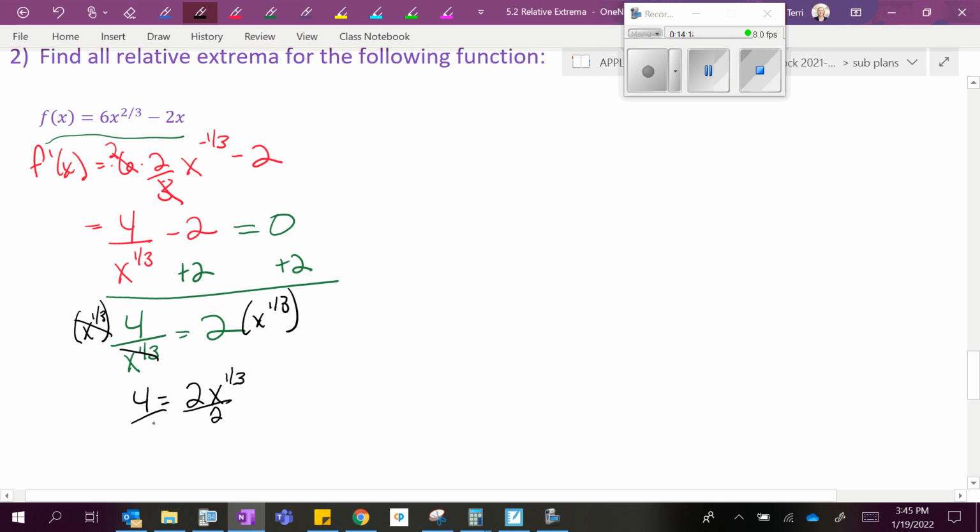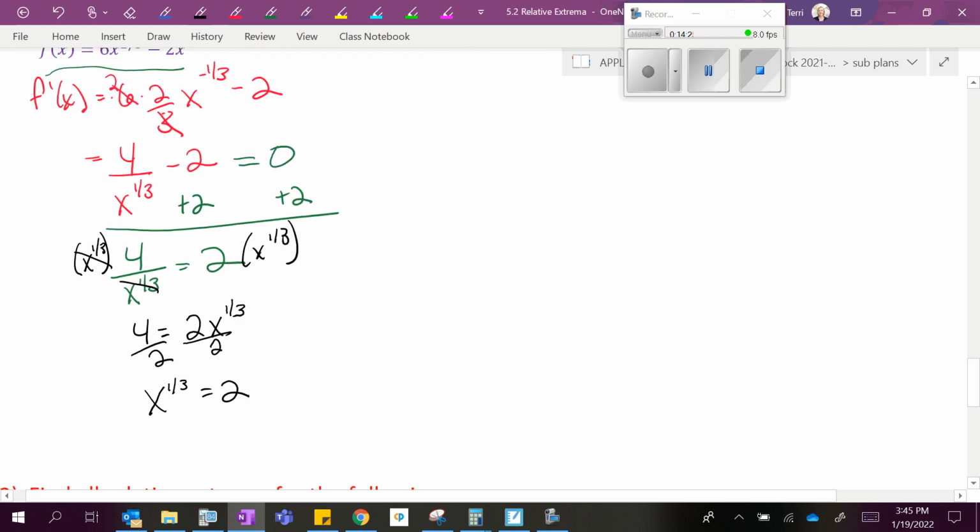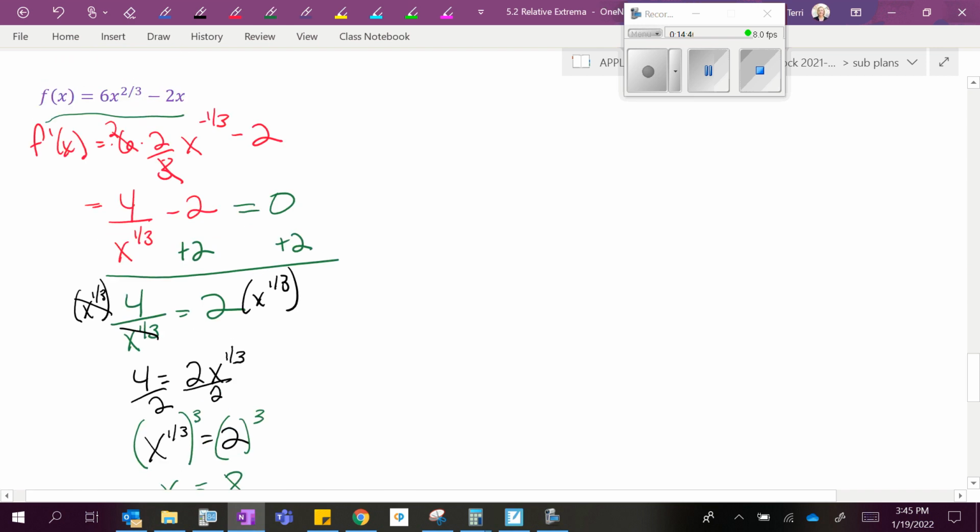I'm going to divide by 2, and I get x to the 1/3 equals 2. So if x to the 1/3 equals 2, I need to find out what x equals. So I'm going to cube, or take to the 3rd power, both sides. So x to the 1/3 taken to the 3rd power will give me just an x. 2 to the 3rd gives me 8. So I have a critical number at 8.